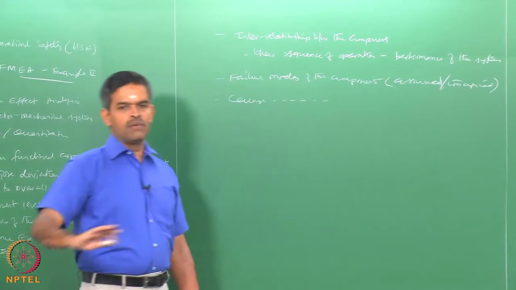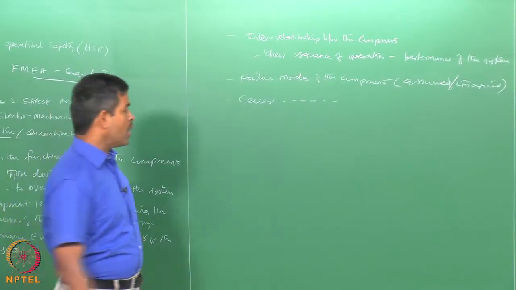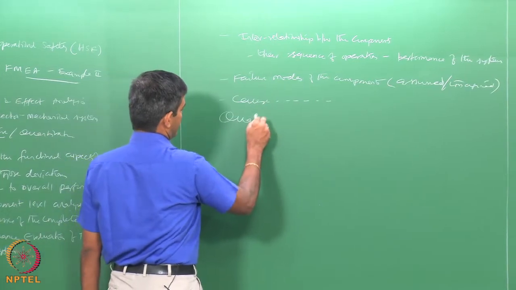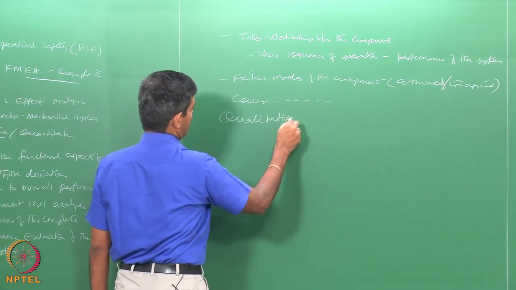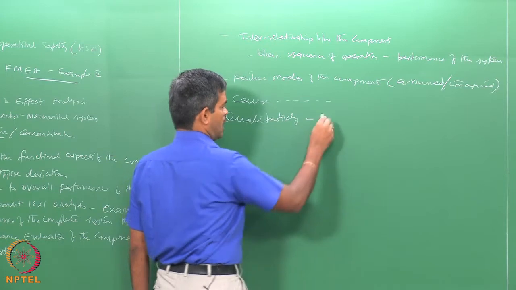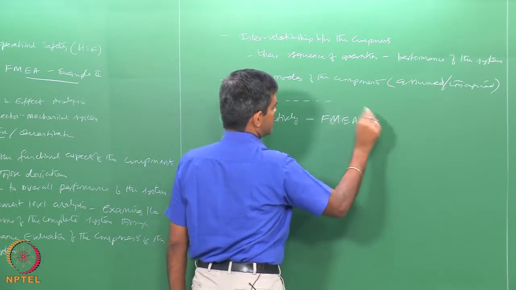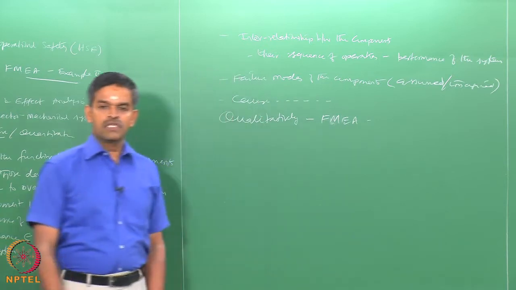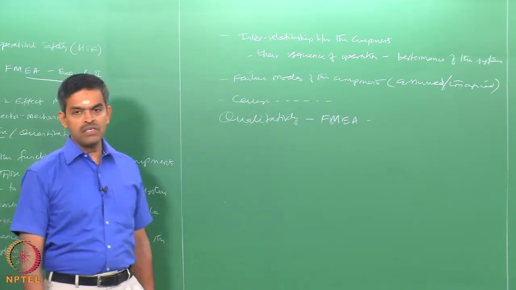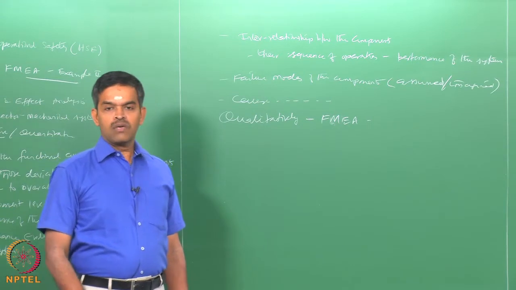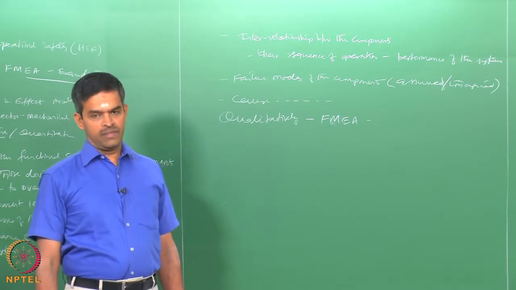So, we have made a table where we have explained qualitatively how an FMEA addresses the problem in terms of efficiency of the overall system for an electromechanical component or a system.